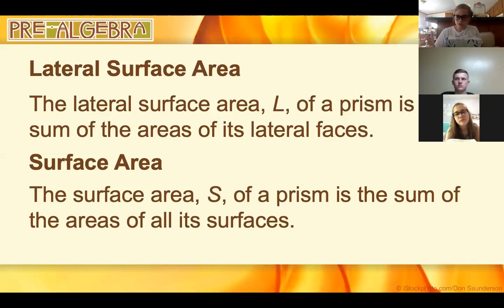So pretty much to find the surface area of an object, Ethan, is to find the area of this base, find the area of this, find the area of this, find the area of all 6 sides, and add those areas together. And that will get you the surface area.